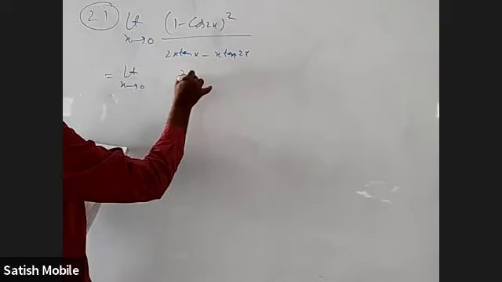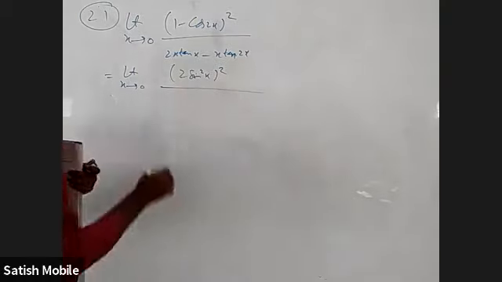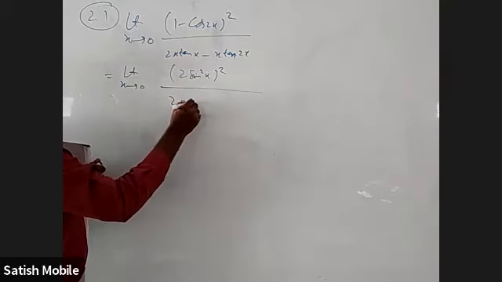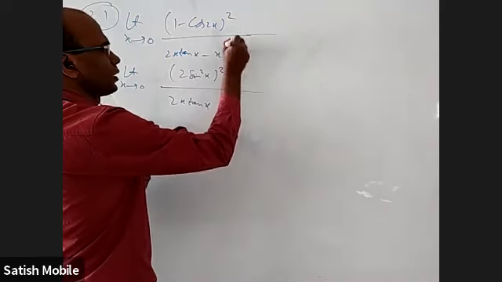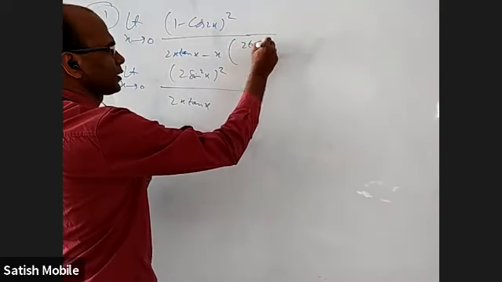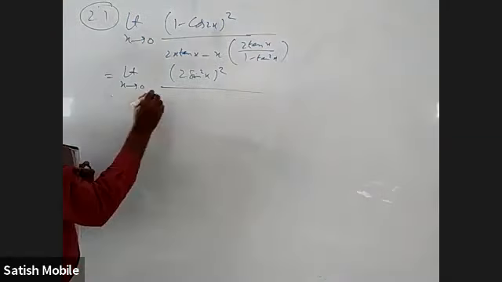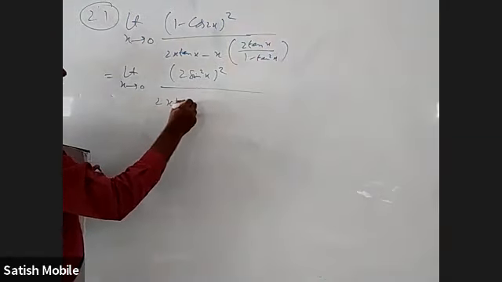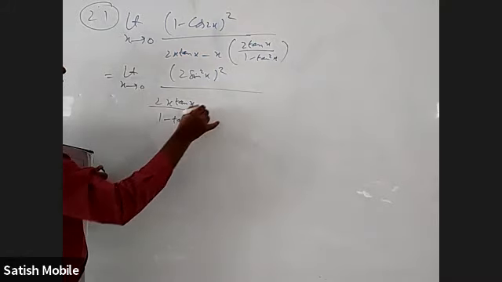This I can write as 2 sine square x whole square. And this is 2x tan x. Here tan 2x, I can use the formula 2 tan x by 1 minus tan square x. So now I'm going to take 2x tan x common and 1 minus tan square x also common.